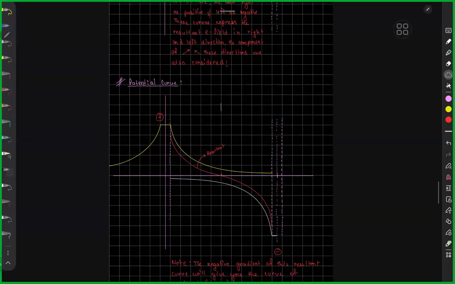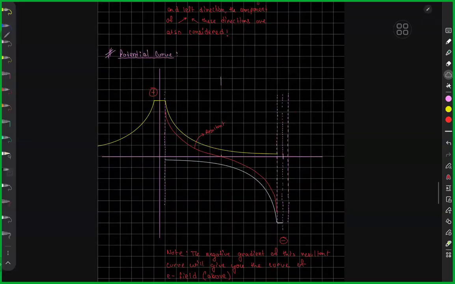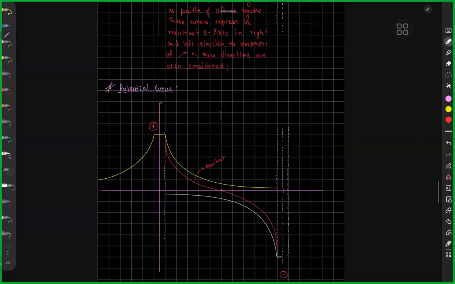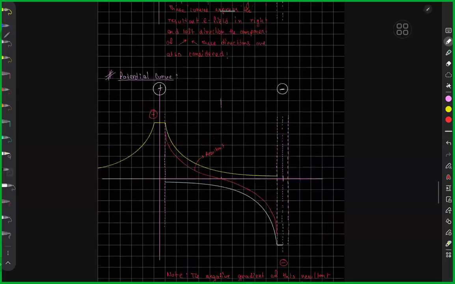Simple. If you have a positive charged sphere over here, of this much radius, and I have a negative charge of this much radius. Okay, same story. Now we will look at this individually. Our ultimate goal is to reach the resultant curve.